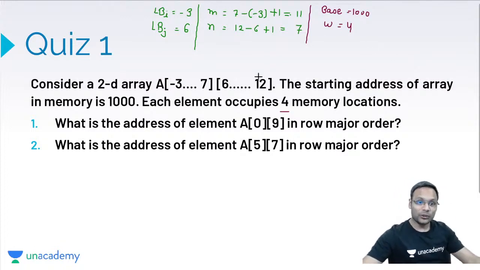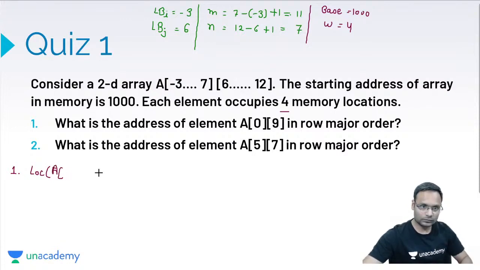Let's calculate the first question. The first question asks for the location of A of 0, 9. So based on this, the I value is 0, the J value is 9.